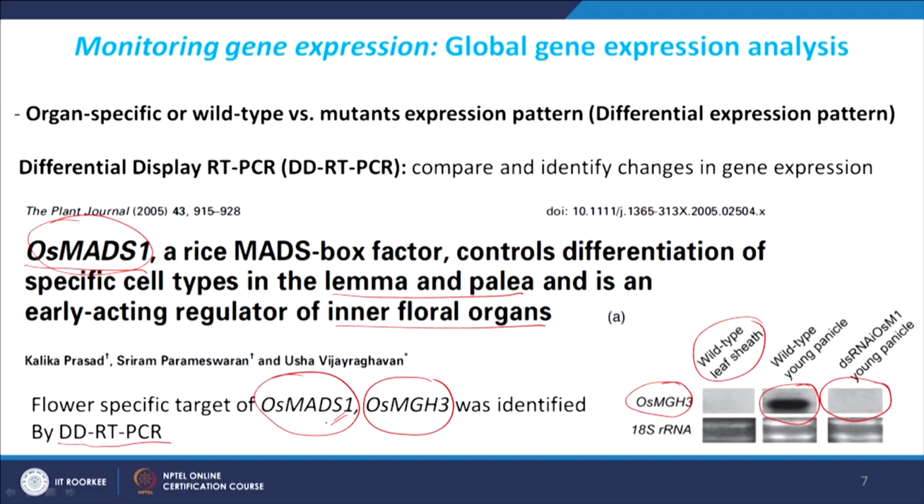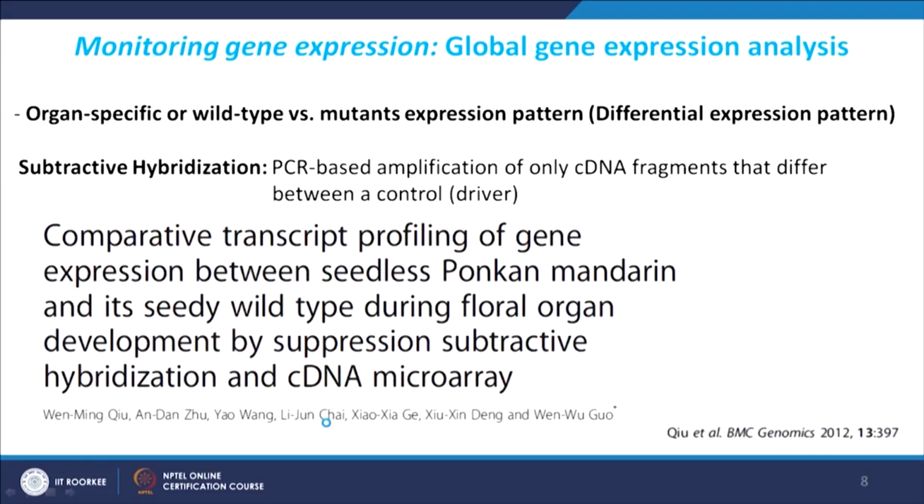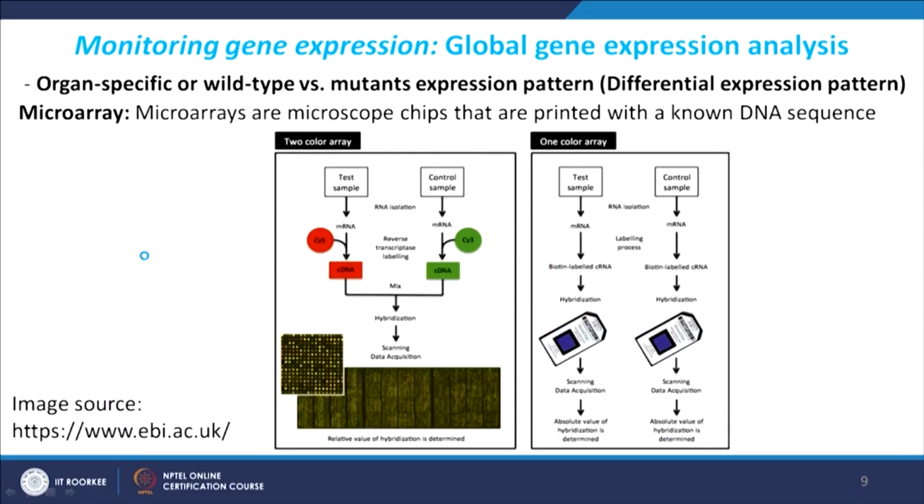So, this is one example of differential display RT-PCR. Then subtractive hybridization was used in this study, where they did a comparative transcript profiling of gene expression between a seedless variety and its wild type during floral organ development, and I will not go into detail.